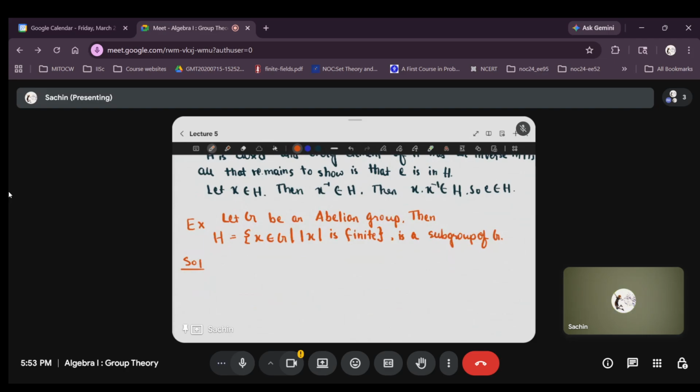We are saying all the elements with finite order in an abelian group. The fact that it is abelian is important in all the examples that we have done till now. That's why these kind of nice subgroups exist.